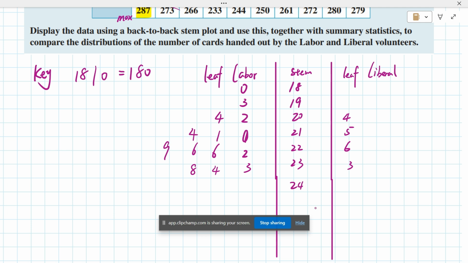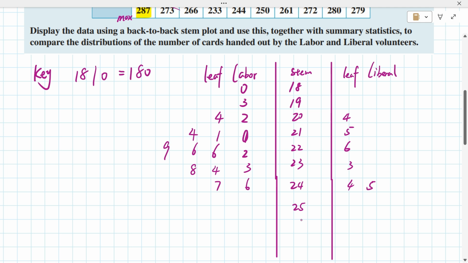For 23 and 24, we have 6 and 7, and for 24 we have 4 and 5, and then 25. Keep going with 25, we have 2 and 7, and we have 0 and 3.